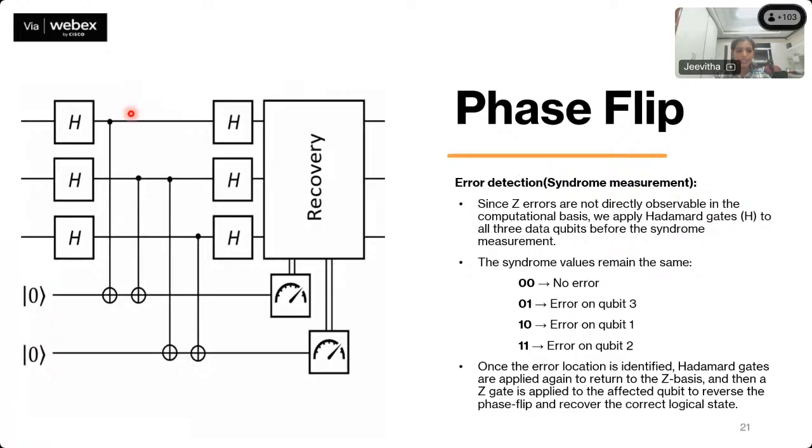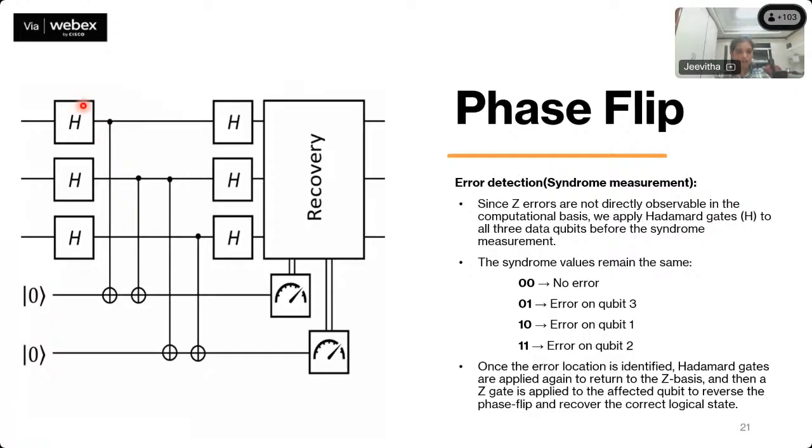So if we apply CNOT gates, it won't be able to detect the error. So we apply the Hadamard gate again to convert from the plus and minus basis to the computational basis, so that this will be similar to the Z syndrome measurement, whatever we did.